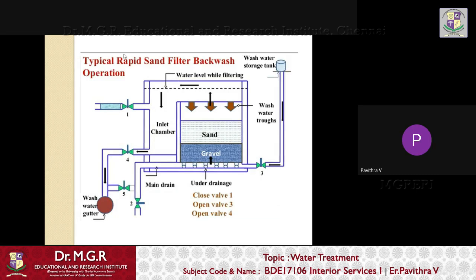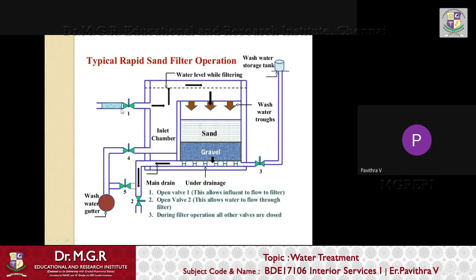In filtration, five valves are provided. This is the overall typical rapid sand filter operation, in which there is an inlet where the water comes in. In the RO process and a normal filtration process, we use a layer of sand and a layer of gravel.